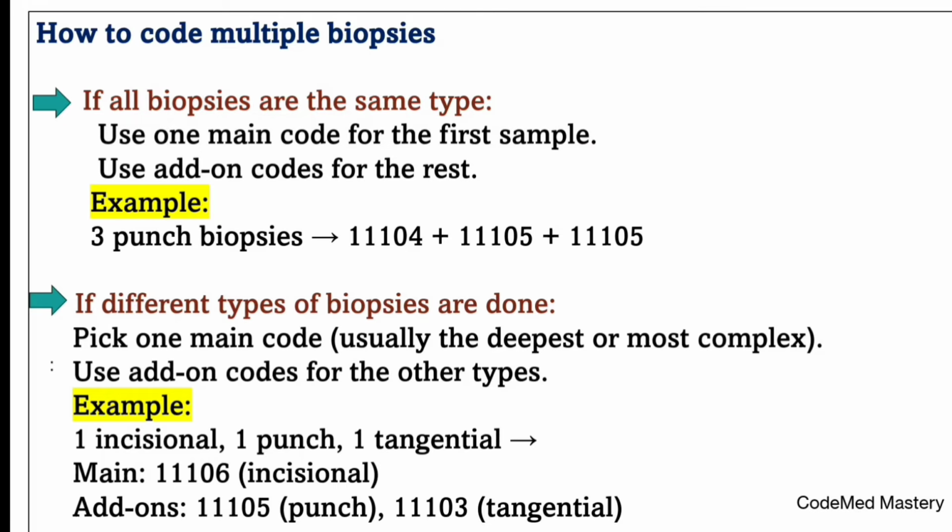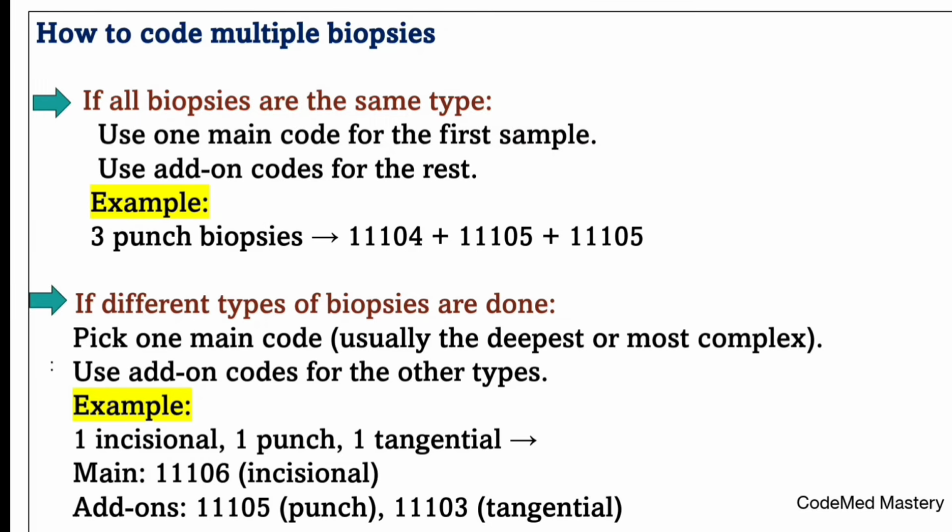Therefore, we will use 11106 main code for incisional, and for punch and tangential we will use add-on codes. That is 11105, which is an add-on code for punch biopsy, and 11103, which is an add-on code for tangential biopsy. So, for 1 incisional we will use 11106, for 1 punch we will use 11105, and for 1 tangential we will use 11103.